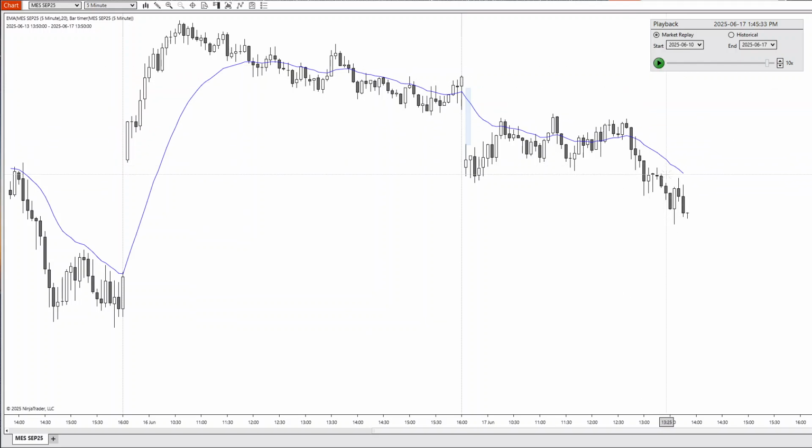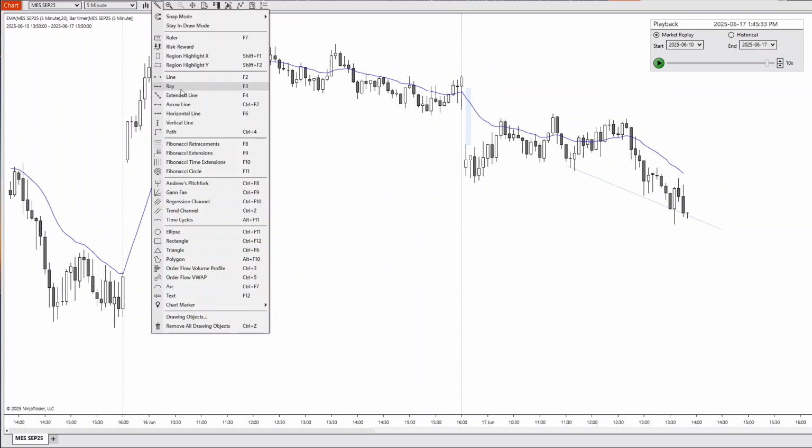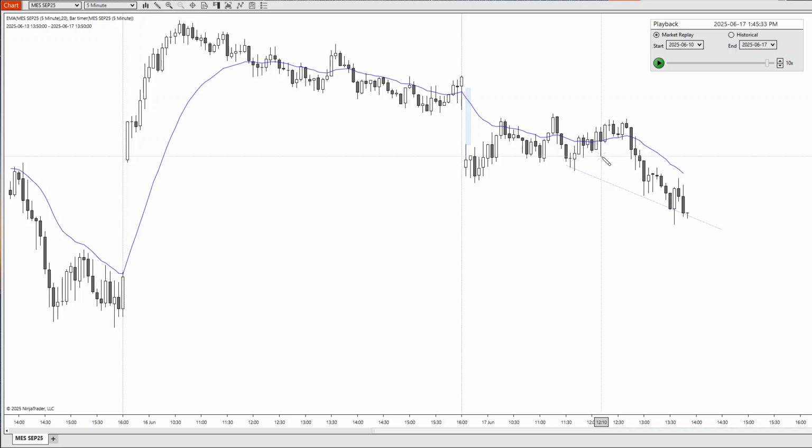And then now we have this parabolic waves kind of pattern. I draw a line here, line 2, line 3, and then leg 3, and this is the final leg.